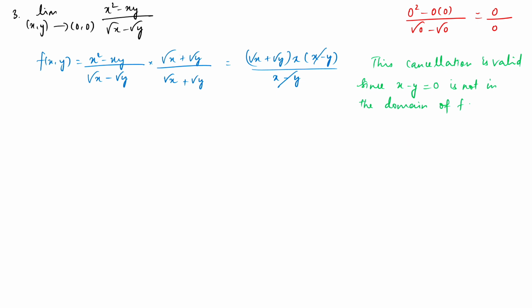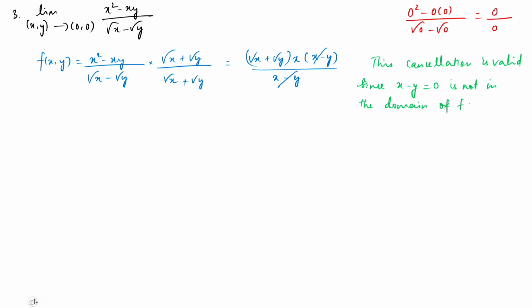When your x and y are the same, your under root x and under root y are the same, which in turn will give you divide by 0, which cannot happen, right? For the well definition of a function, which cannot happen. That is why we say that this cancellation is valid.